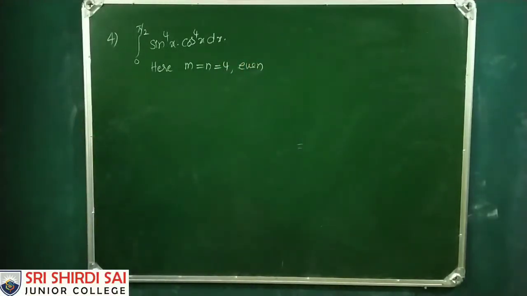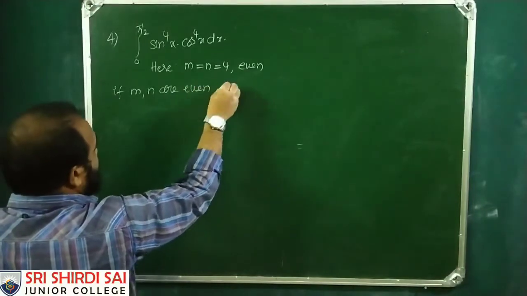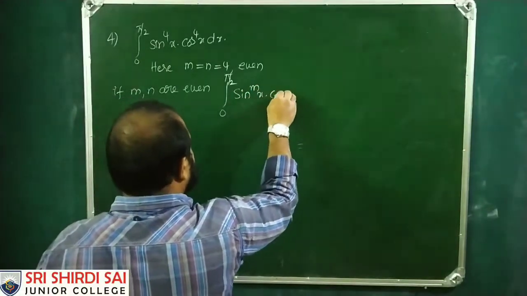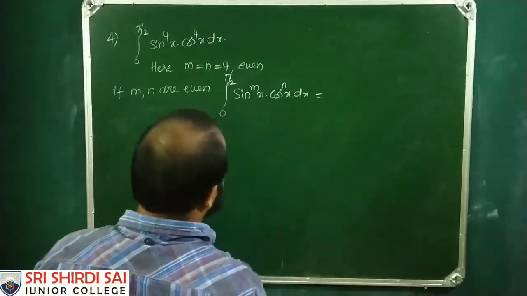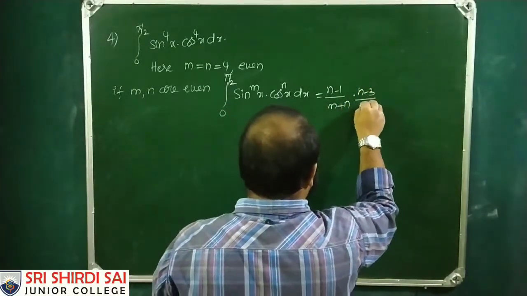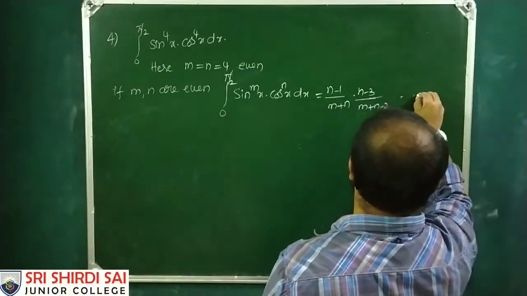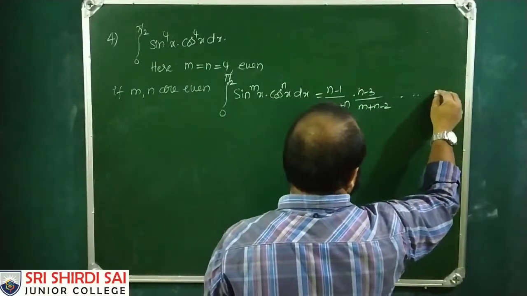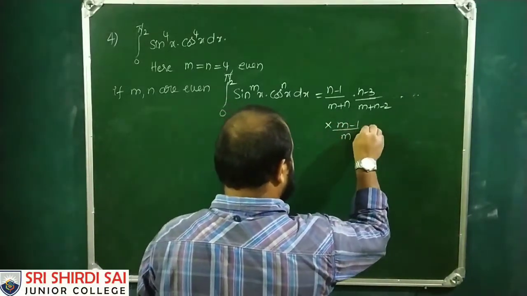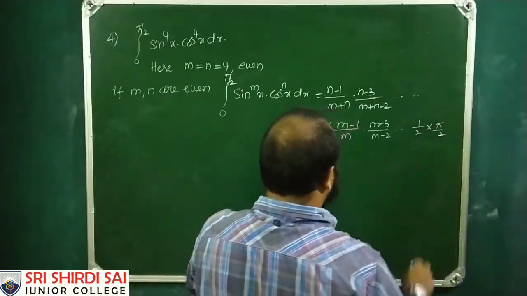So if both are even, we have a formula: integral 0 to pi by 2 sin power mx into cos power nx dx is equal to n minus 1 by m plus n, into n minus 3 by m plus n minus 2, etc., into m minus 1 by m minus 3 by m minus 2, etc., 1 by 2 into pi by 2, because here m is even.